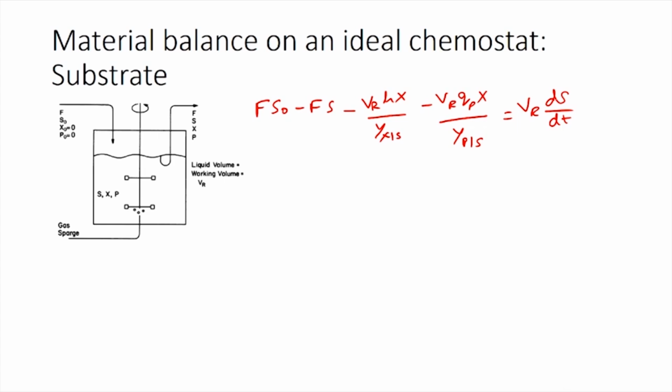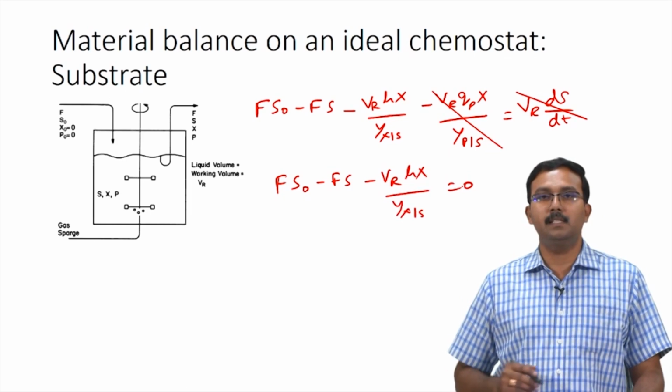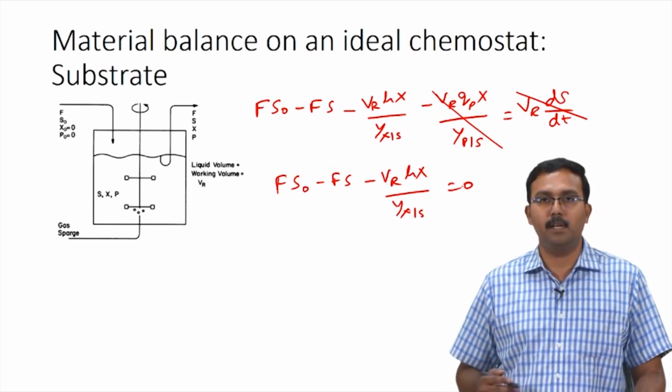Now, at steady state this term goes to 0 and your product formation, if it is 0, that would also go to 0, and your equation can be simplified to Fs naught minus Fs minus Vr mu x divided by Yxs equals 0. So, this is a balance equation for a substrate.